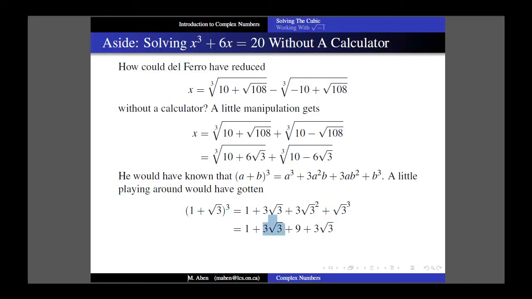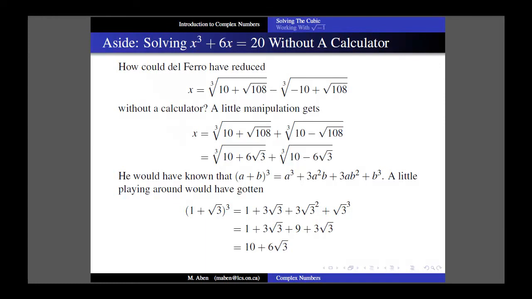And the thing to notice is I got some like terms that I can combine together. I have a 3 root 3 and another 3 root 3. I can add those together to get 6 root 3. I also have the easier 1 plus 9, which of course is 10. So combining those two like terms together, I get 10 plus 6 root 3. Okay, so what?